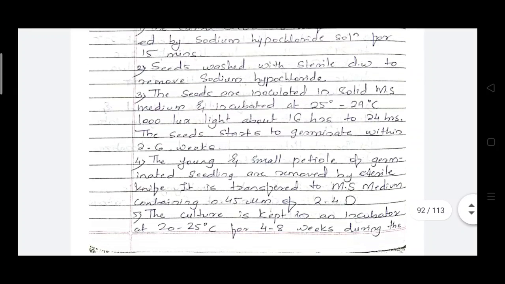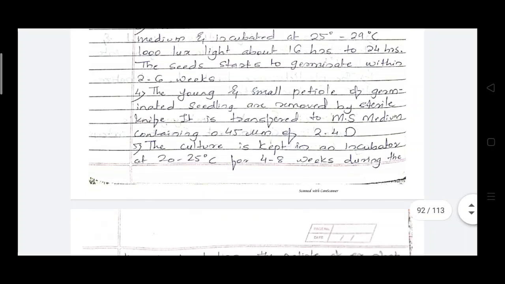The young and small petioles of germinated seedlings are removed by a sterile knife. They are transferred to MS medium containing 0.45 mM 2,4-D. Then the culture is kept in an incubator at 20 to 25 degrees centigrade for 4 to 8 weeks.